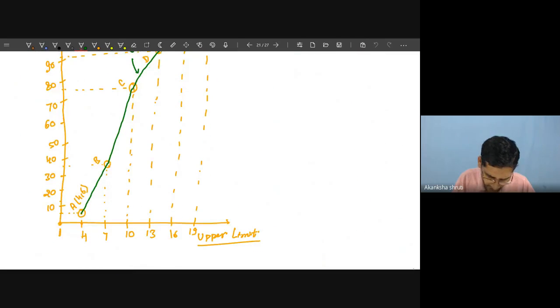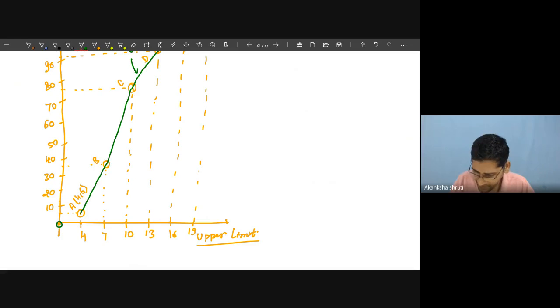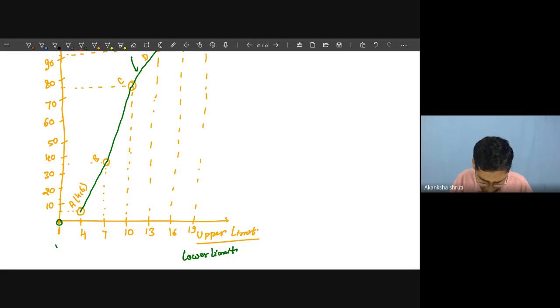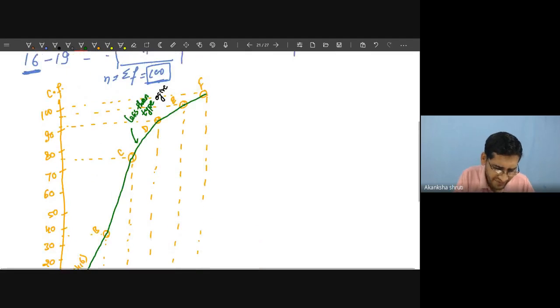So observe, 1 is on this limit. Now we are going to plot not for the upper limit, but for the lower limit. But the cumulative frequency still remains 100 up to maximum. If we are taking the lower limit as 1 at this time, the point is 100. So keep in mind, it will directly fall on this axis.